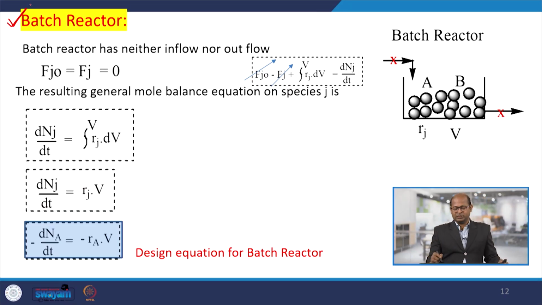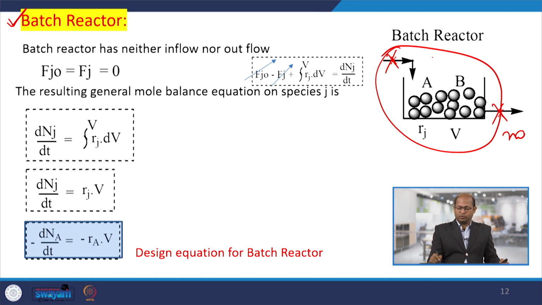Now we will consider this general mole balance equation for a batch reactor. In a batch reactor there is no inflow and no outflow, which means there is no inlet and no outlet.